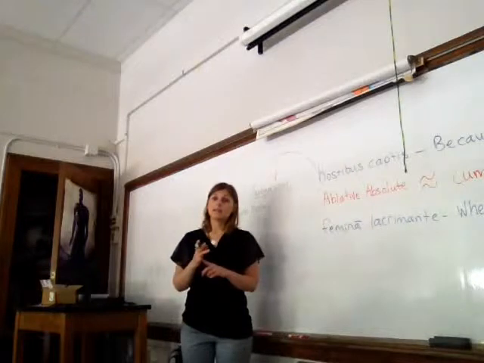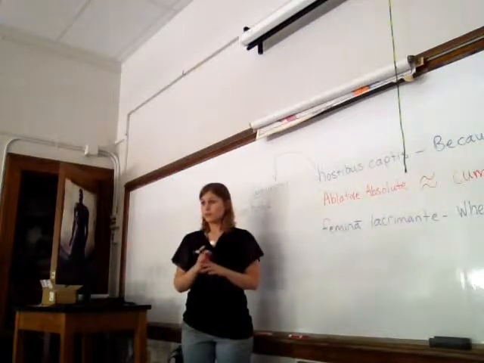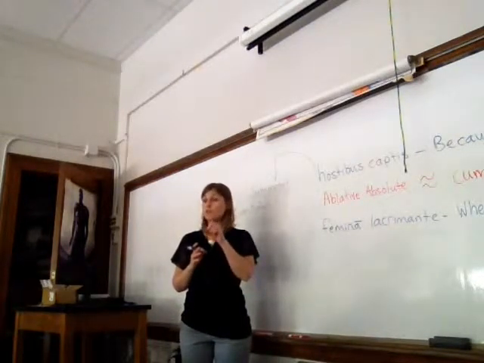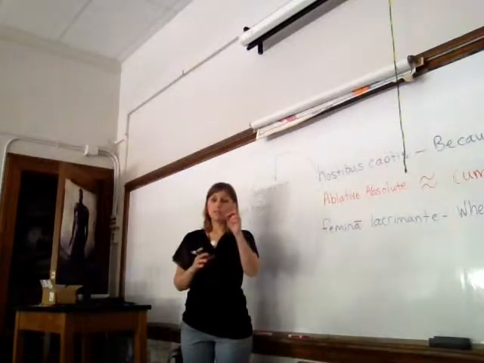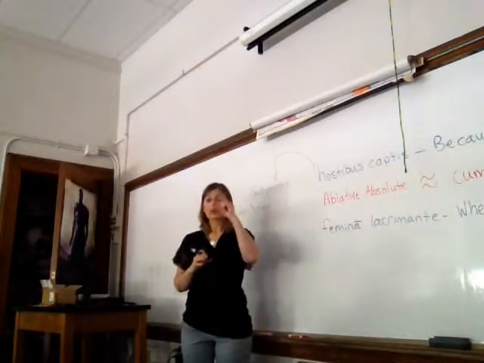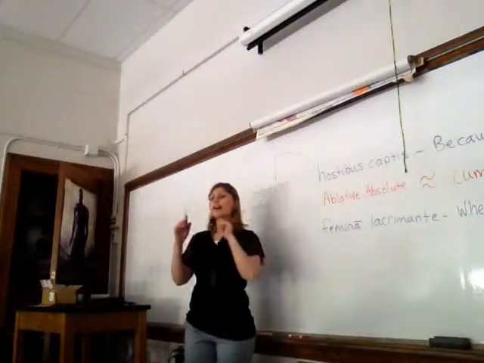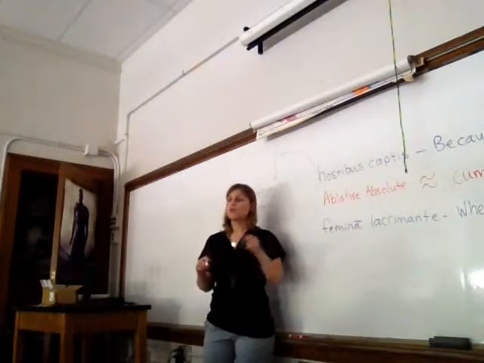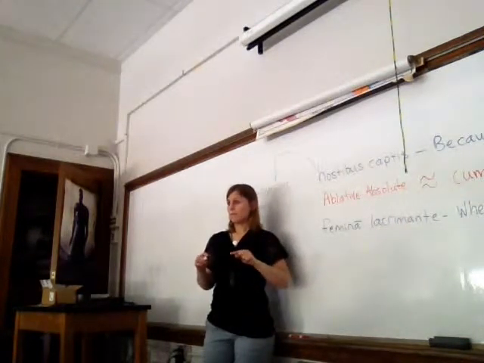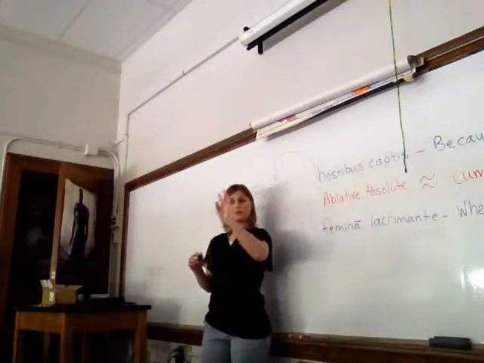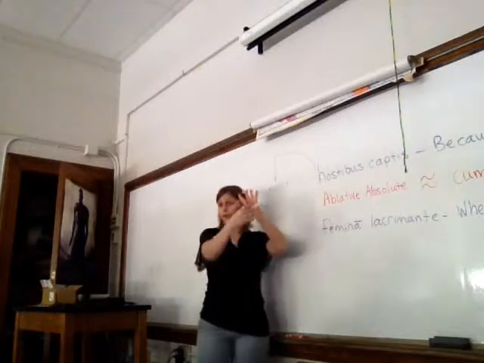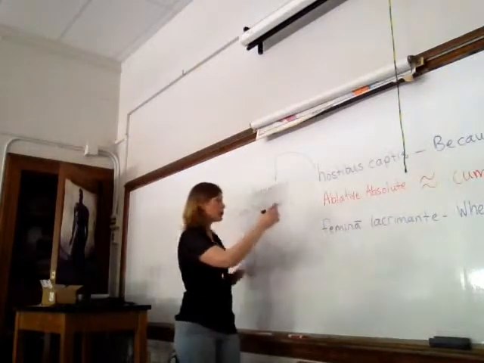What tense is that in verb land? Not just perfect. Well, it's passive, but it's not just perfect. It's pluperfect. Pluperfect passive. How do we do pluperfect passive with a subjunctive? Not third, but fourth principal part with esset.